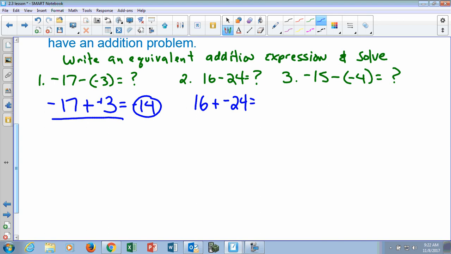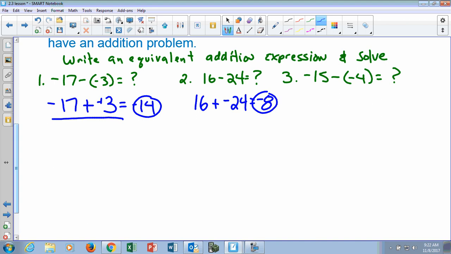Negative 8. Because remember, what's the bigger absolute value? 24 is, right, than 16. So your answer is negative. Don't forget about all those rules we've talked about in 2.2 and now in 2.3.